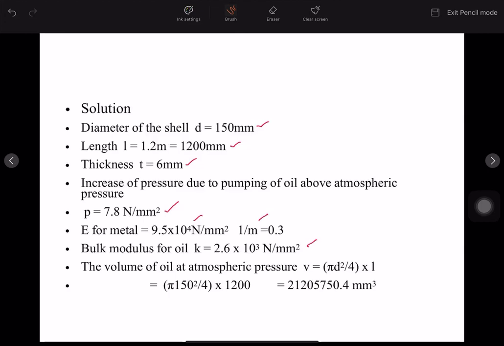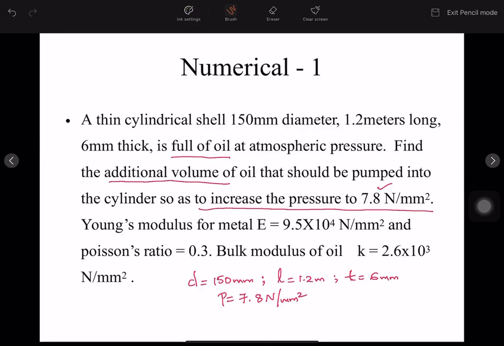Why are we calculating this volume of oil here? Because he has mentioned the can is full of oil, which means volume of oil equals volume of cylinder. So this condition helps us to write this equation.